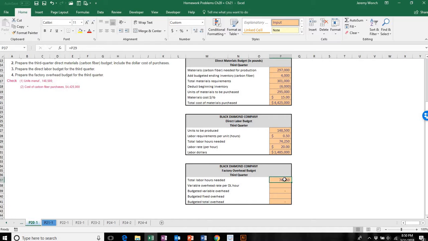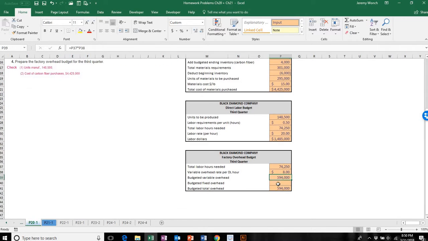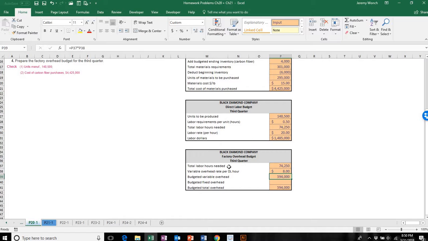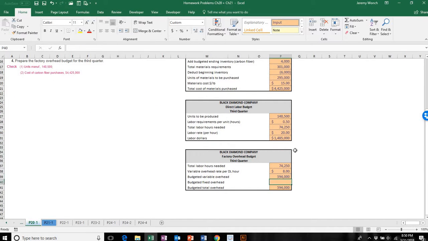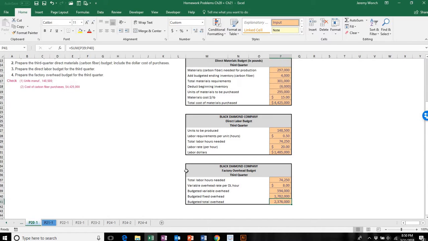We're going to apply that at a rate of $8 per hour, so we're going to have variable overhead cost of $594,000. But it also says we have fixed overhead of $1.782 million. That's going to give us a budgeted overhead of $2.376 million.